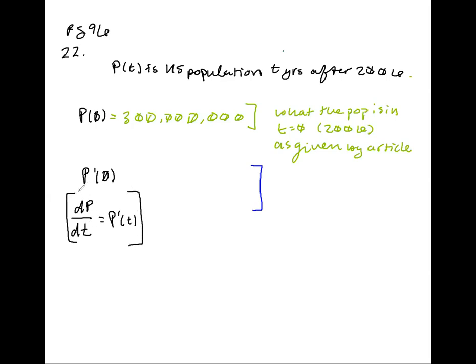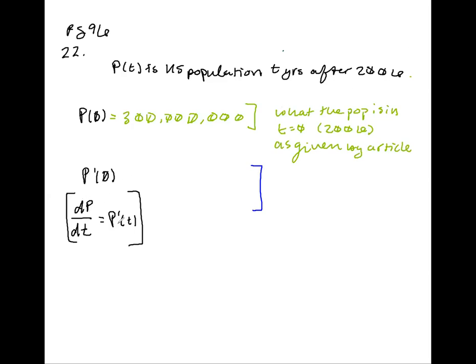So what does this mean? This means we're looking at the change in population with respect to time. That's how you read something in Leibniz notation: the change in blank with respect to blank, top to bottom. So the change in population with respect to time.